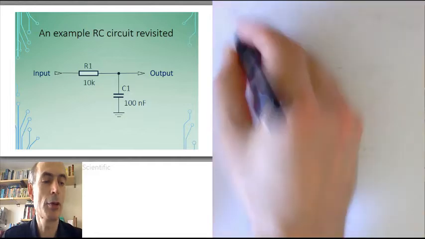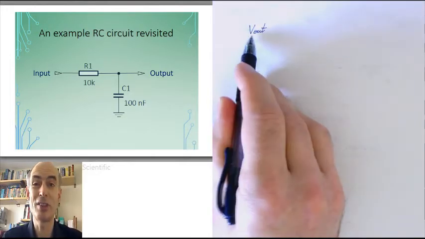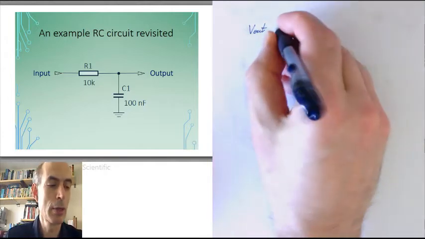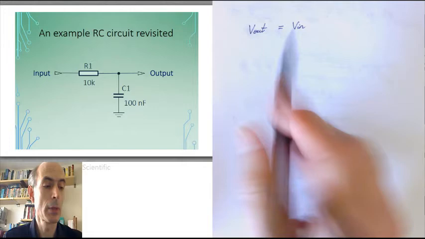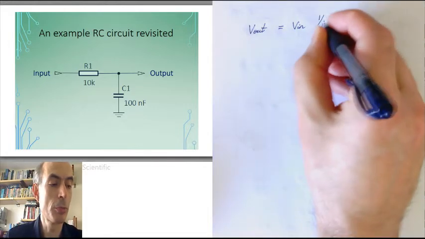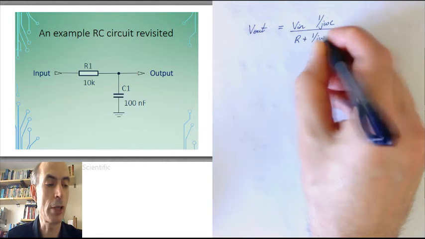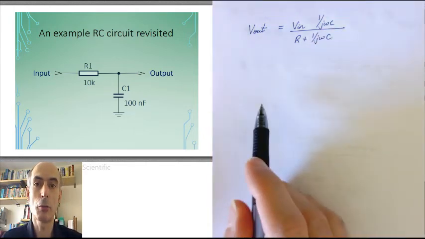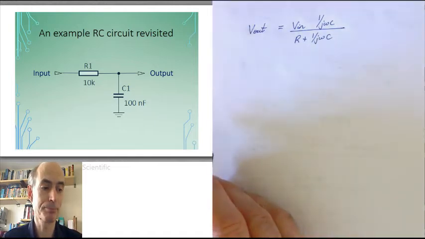And what we would get is the output voltage, or the phasor representation of the output voltage, is equal to the phasor representation of the input voltage times 1 over j omega C over R plus 1 over j omega C, noting that the complex impedance of a capacitor is 1 over j omega C.